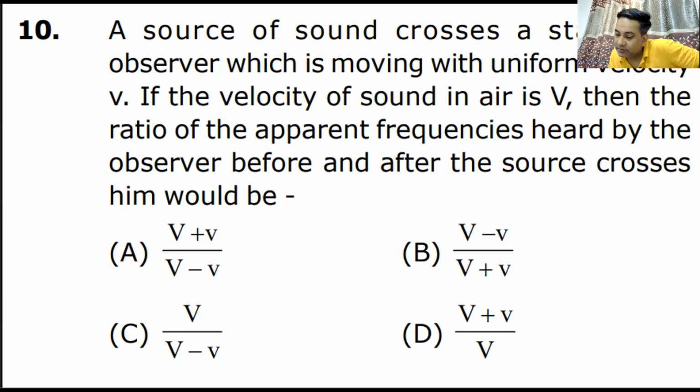Source is moving towards a stationary observer; what is the ratio of apparent frequencies heard by the observer before and after crossing? What will be the ratio? May I have your answers, please?